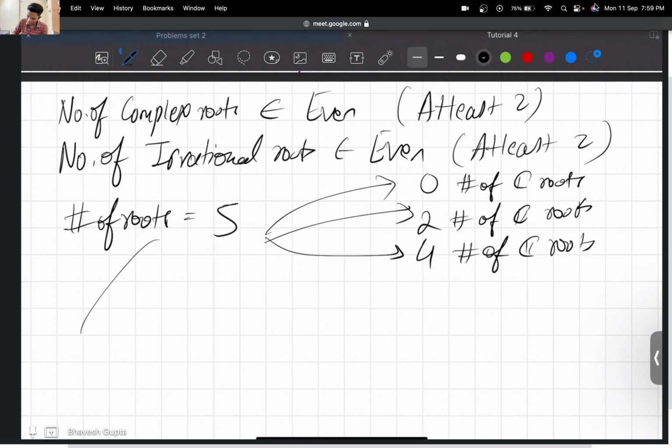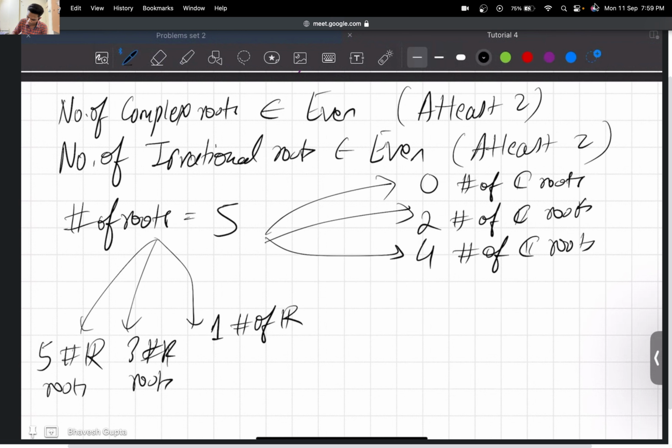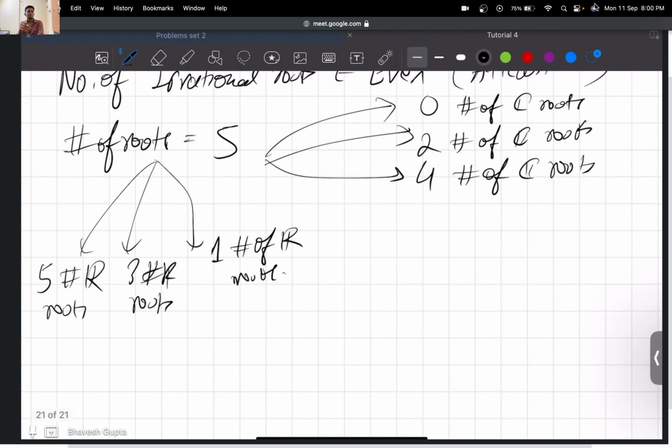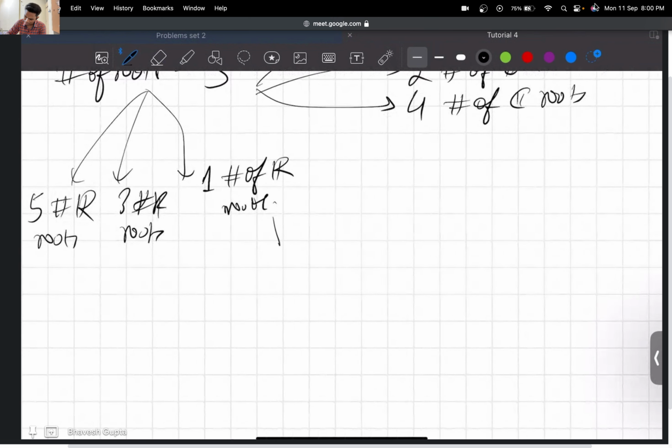And over here, if I write down the possibilities for the real roots, you might have 5 real roots, you might have 3 real roots, or you might have 1 real root. But if you are further interested in rational and irrational, in the case of 1, this will be for sure rational, because there is no way you can have a pair of irrationals inside.